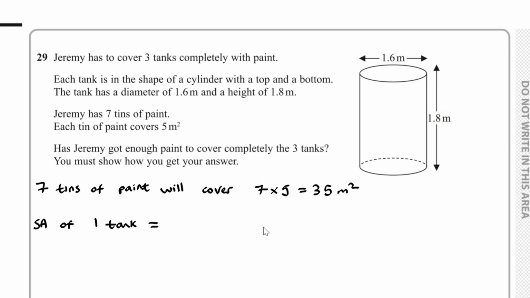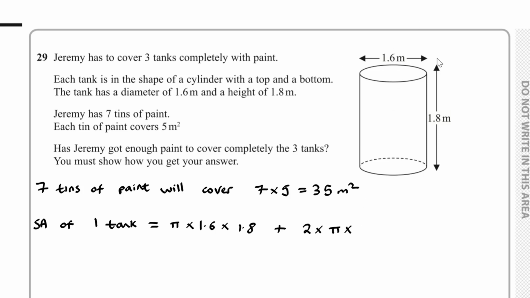If we do that, we have the curved bit that has a surface area of pi times by 1.6 times by 1.8. And then we have the circle at the top and the circle at the bottom. So we've got 2 times by the area of a circle. So we've got 2 times by pi times by the radius squared.